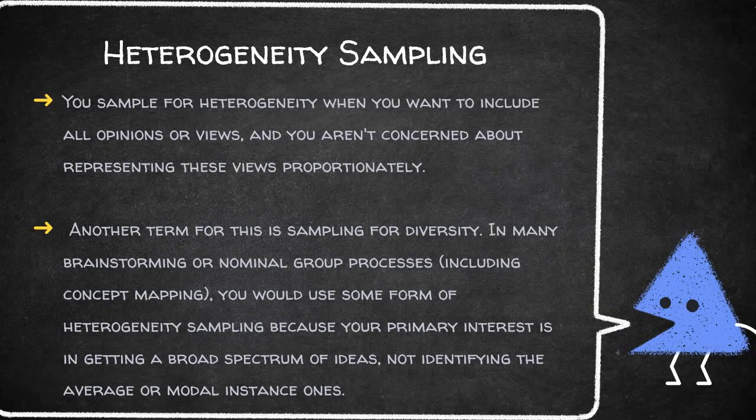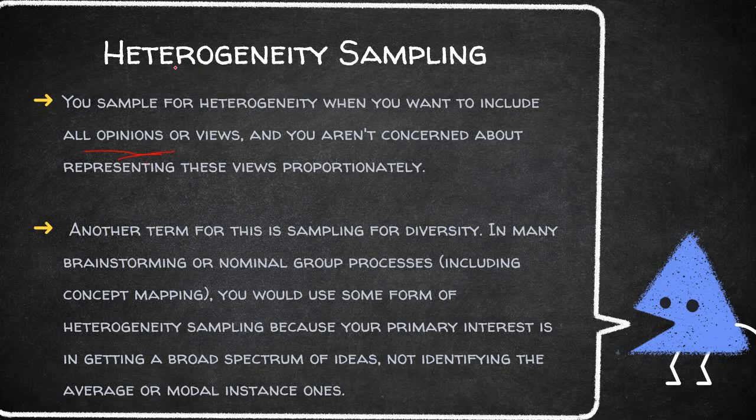The next is heterogeneity sampling. Let's begin with the same logic. Our idea is to include all opinions or views. So it's not about the proportion or the number of people, but about generating ideas or opinions.